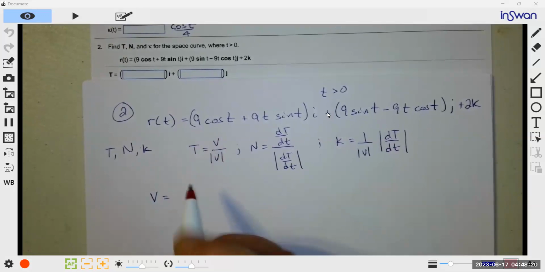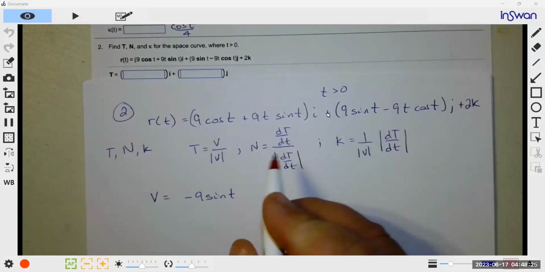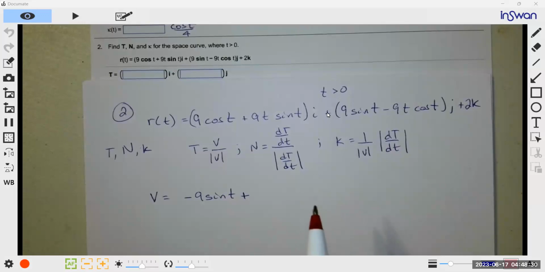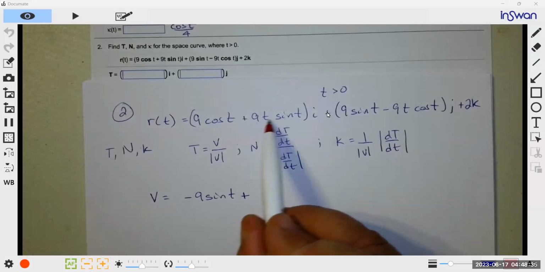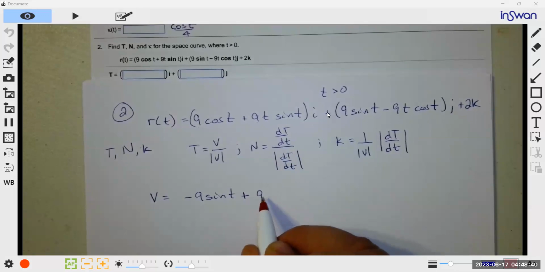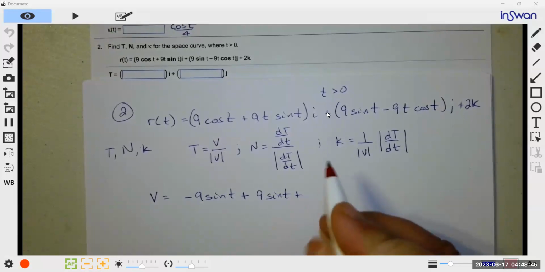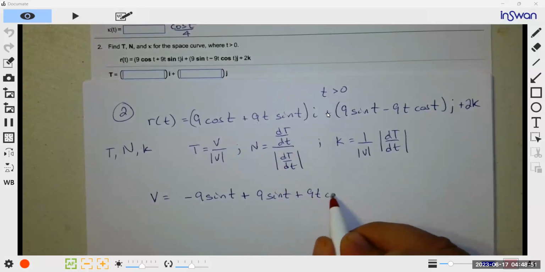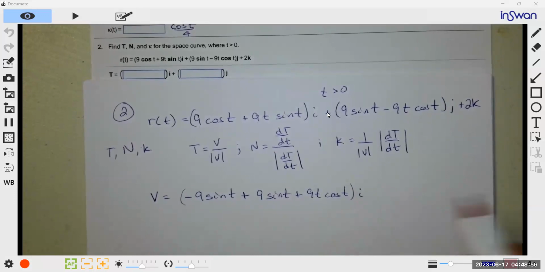So the derivative of 9 cosine t is negative 9 sine t. Plus, this is now the product rule. Take the derivative of the first one, which is 9, leave the second one alone, plus the derivative of the second. Sine is cosine, that's i.